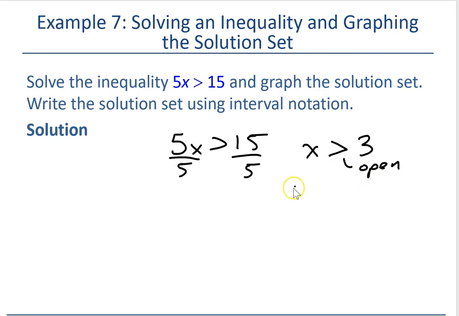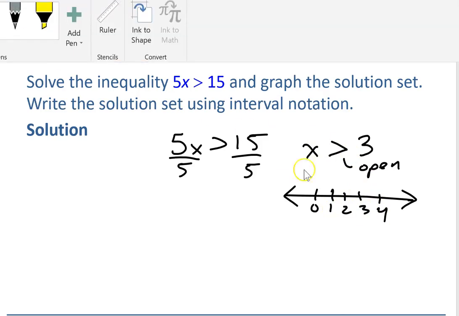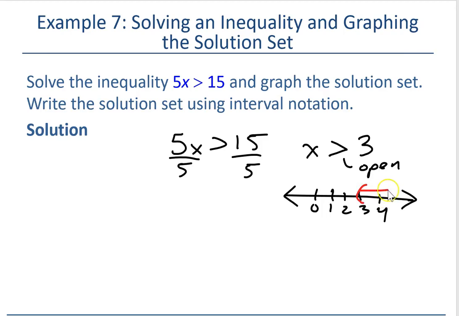If you decide to graph this, I've got 0, 1, 2, 3, 4. x is greater than 3, so that's going to be a parenthesis going in the positive direction. There's a positive infinity there. Infinities we always have to keep as a parenthesis when we close it off. So there's my interval notation of (3, infinity). It's just straightforward and simple like that. You don't have to make it harder.